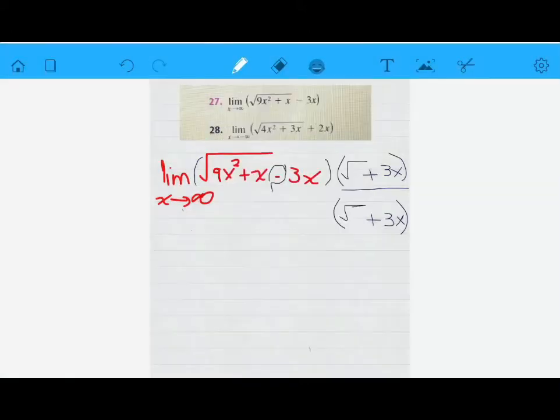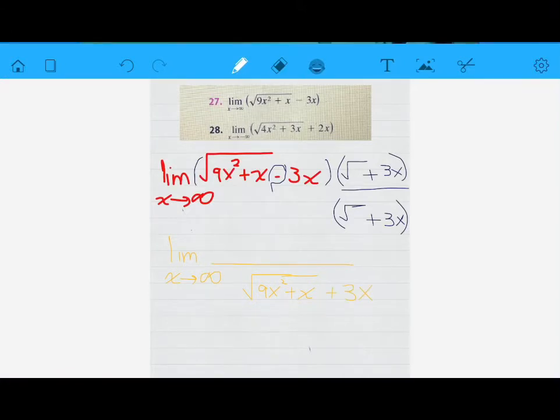Now we multiply the first term with the first term. Remember, in the difference of squares the middle part cancels, because we have minus 3 plus 3, which is 0. The denominator we write the same, radical 9x squared plus x plus 3x.